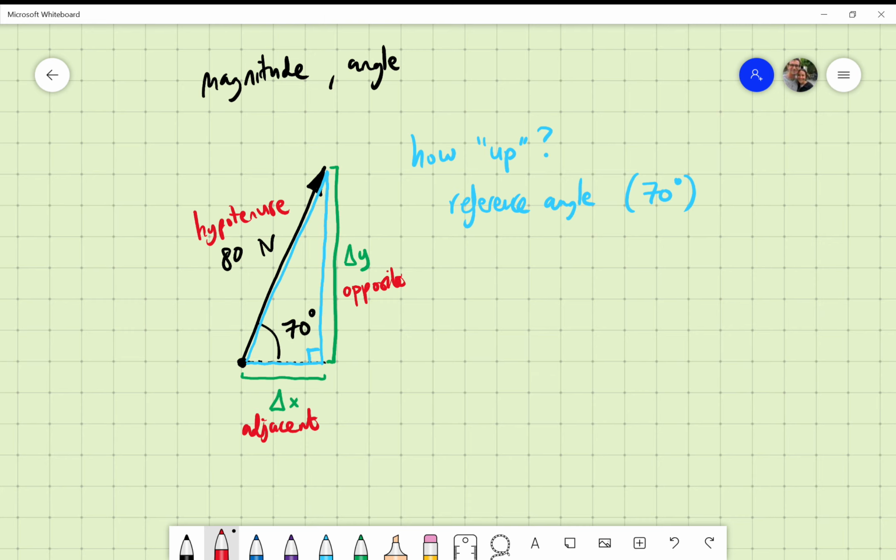And then we're going to decide which of our sine, cosine, or tangent functions do we want. Now let's start with this one, with the x.